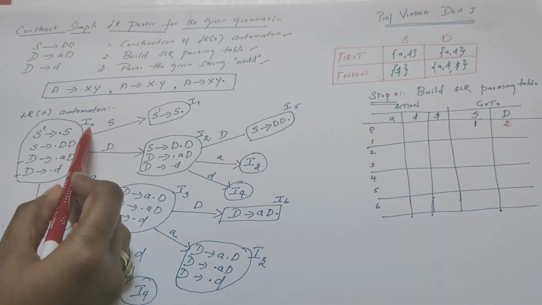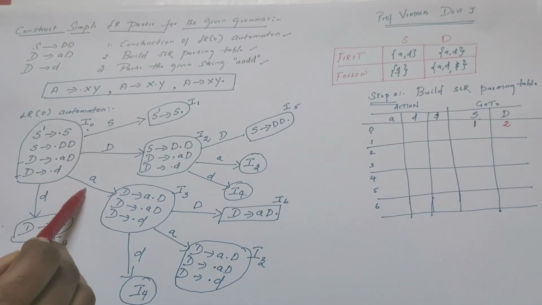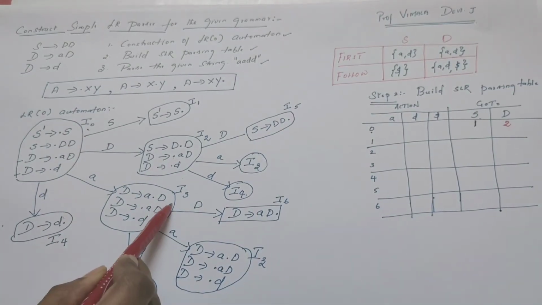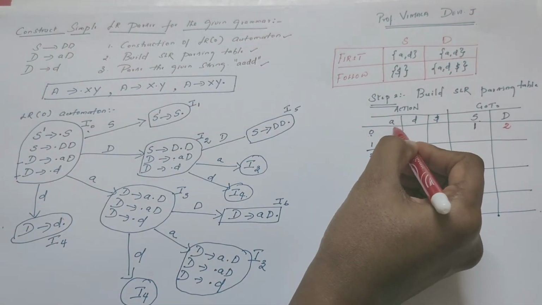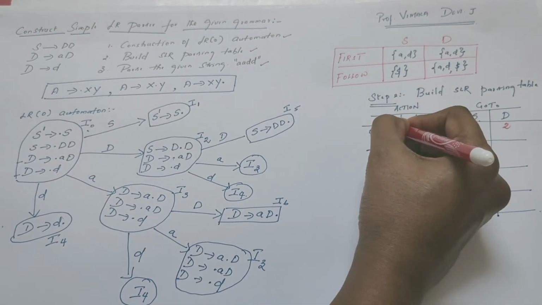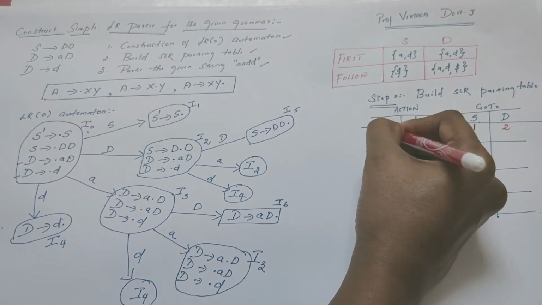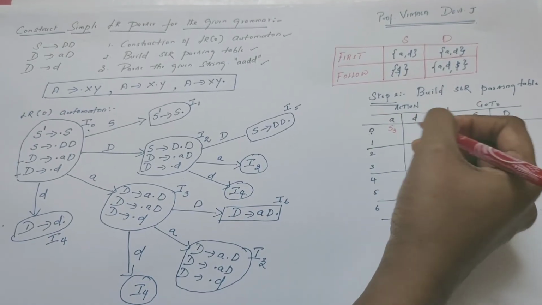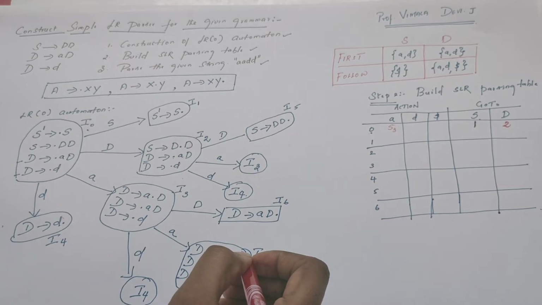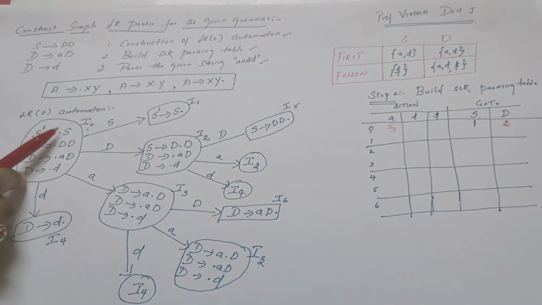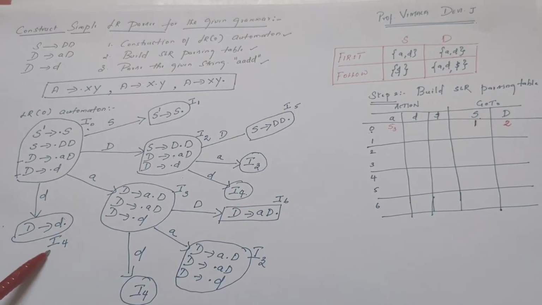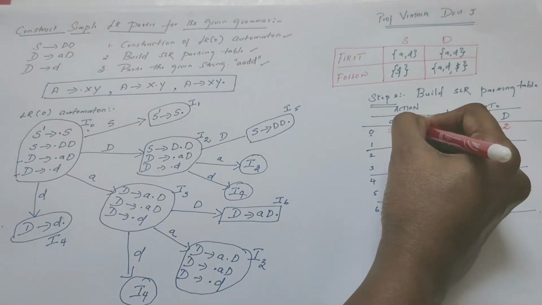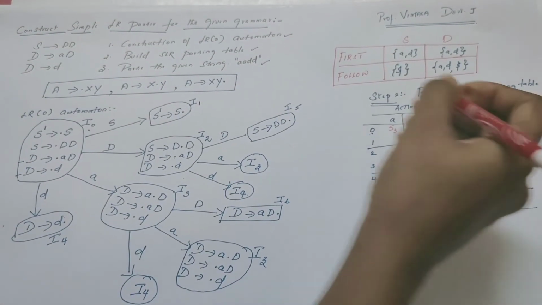From the state 0, on reading the terminal A, it enters into the state 3. But while writing the value, write it as S3. S refers to shift operation here. From the state 0, on reading the terminal D, it goes to the state 4. So let me write it as S4 here.